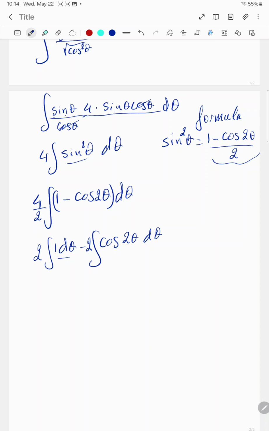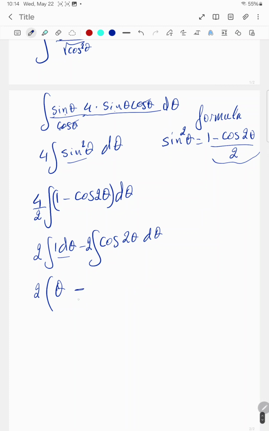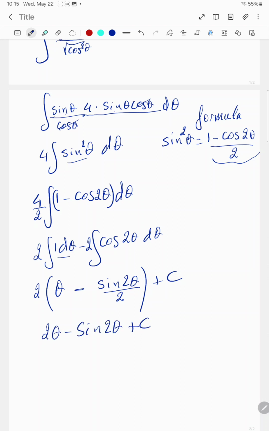The integral of d theta is theta plus c, and I'm going to put the c at the end. Minus the integral of cosine 2 theta, which is equal to sine 2 theta divided by 2, plus c. Now it becomes 2 theta minus sine of 2 theta plus c.